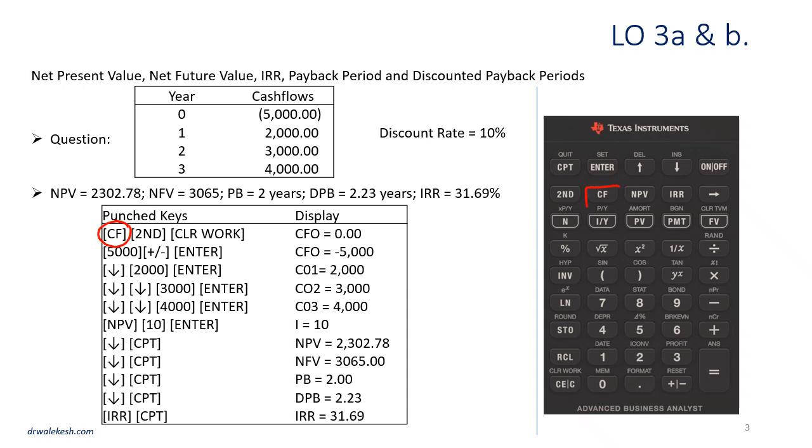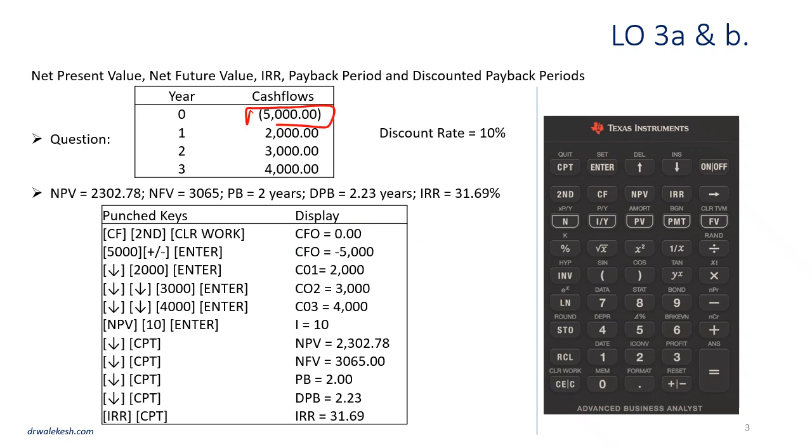This is cash flow here. Then you press second function, which you use to access this clear work. Then I expect this to be displayed on the face of your financial calculator.